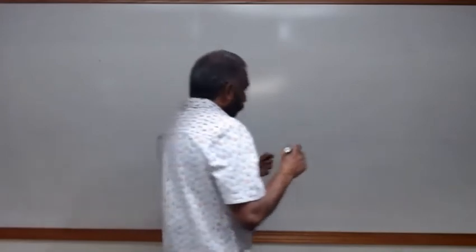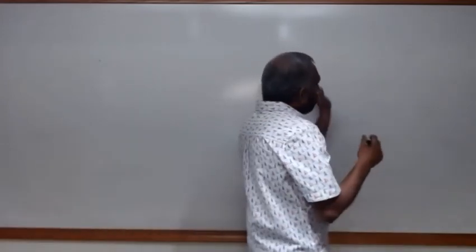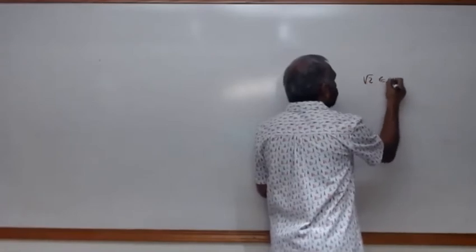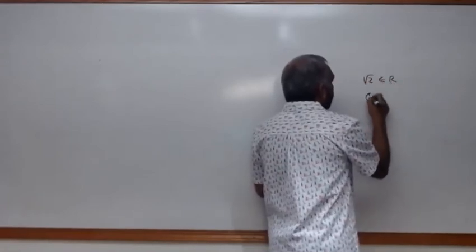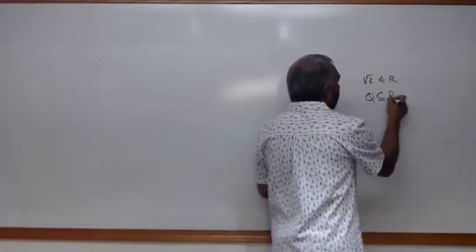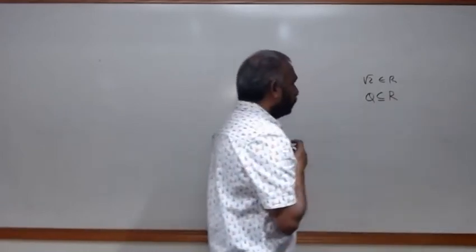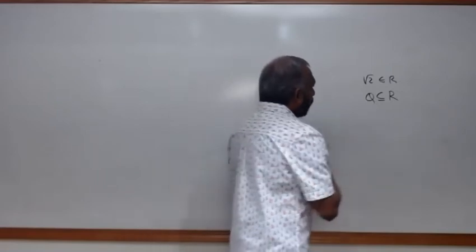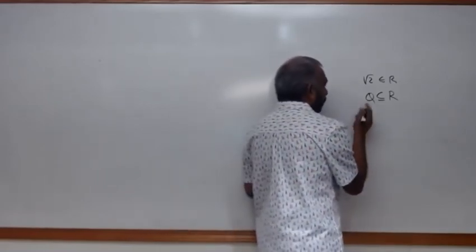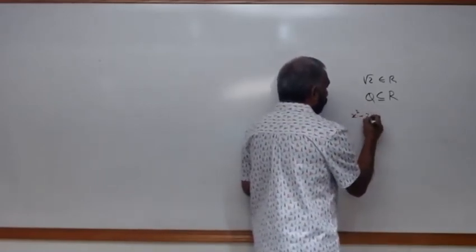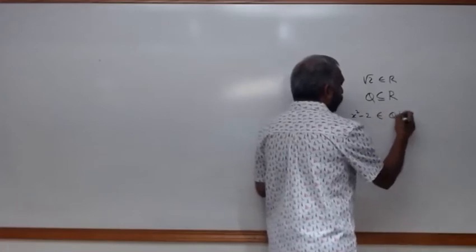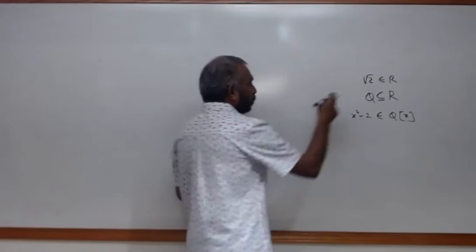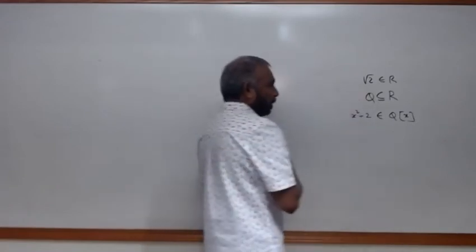So we'll come back to the same example. Root 2 belongs to R, and R is an extension of Q. And we know that there is a polynomial x square minus 2 belongs to Q of x such that root 2 is a 0 of that polynomial.